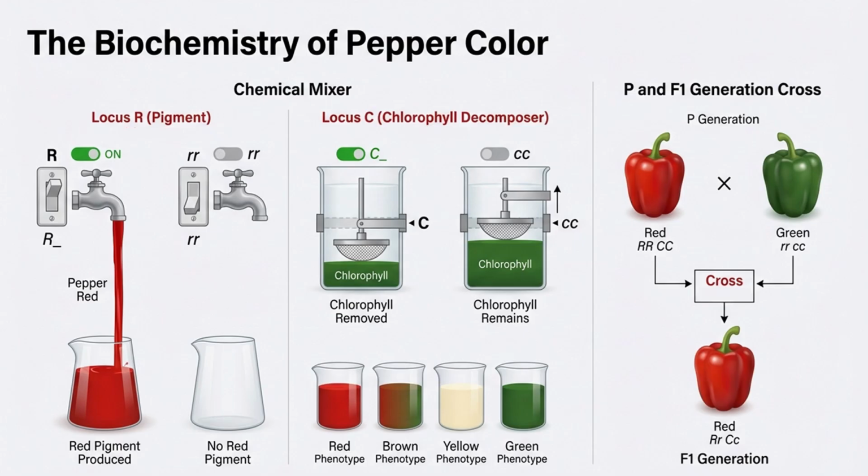So pepper color is determined by a chemical mixer. R locus determines if red pigment is produced. Think of it as an on-off switch. C locus determines if chlorophyll is decomposed. When we cross a homozygous red parent with a green parent, the F1 generation is all red because they have the alleles to produce red pigment and remove the green chlorophyll.